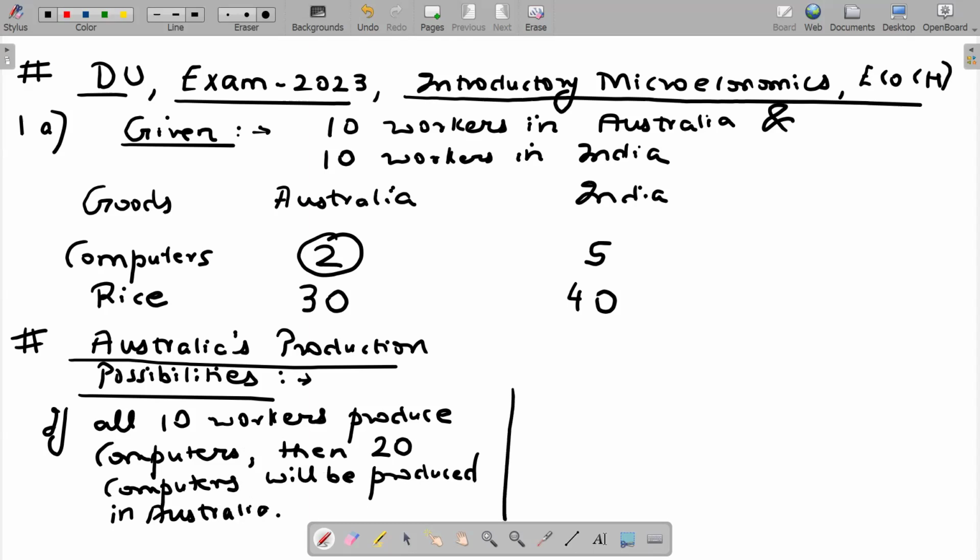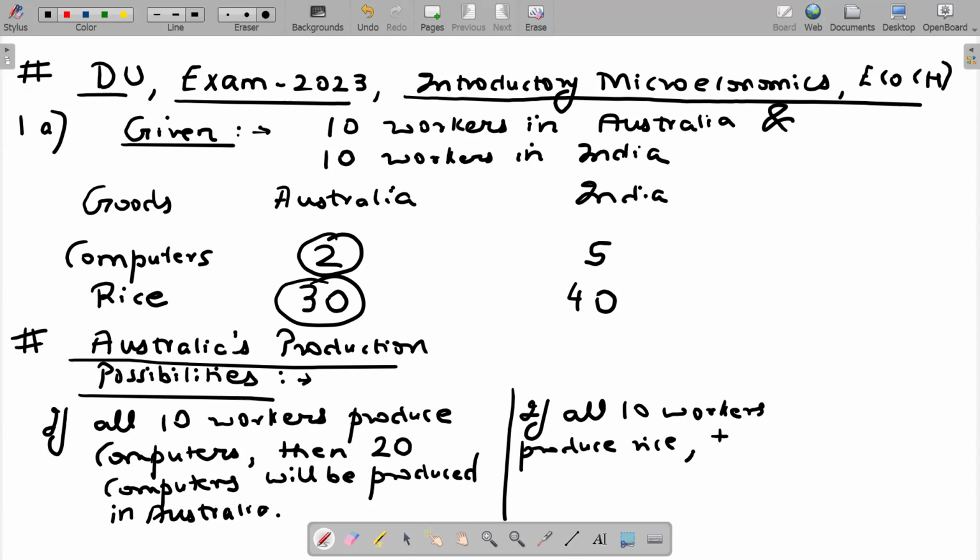Similarly, if all the 10 workers produce rice, then one worker can produce 30 tons of rice, so 10 workers will produce 300 tons of rice. So 300 tons of rice will be produced in Australia.